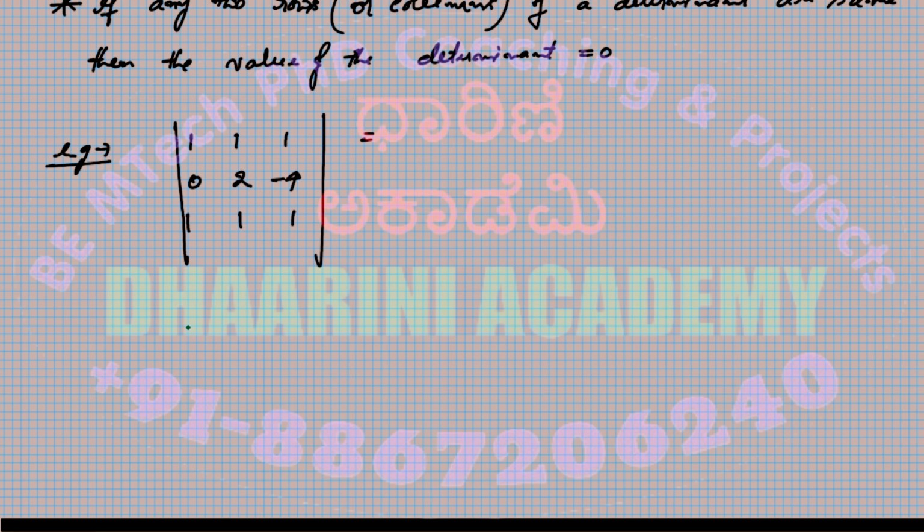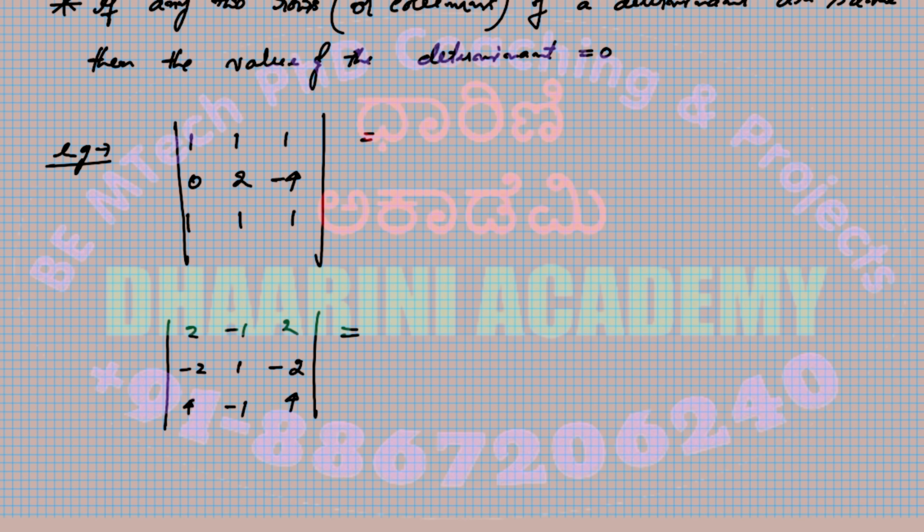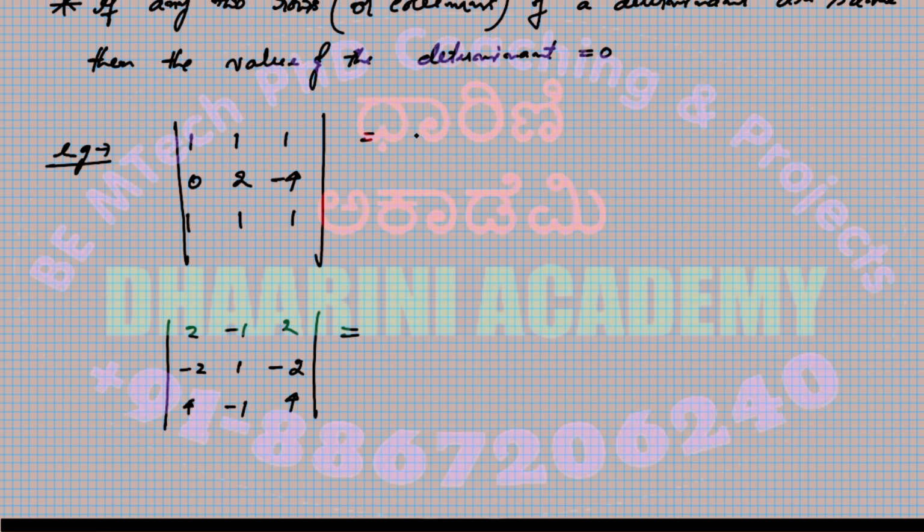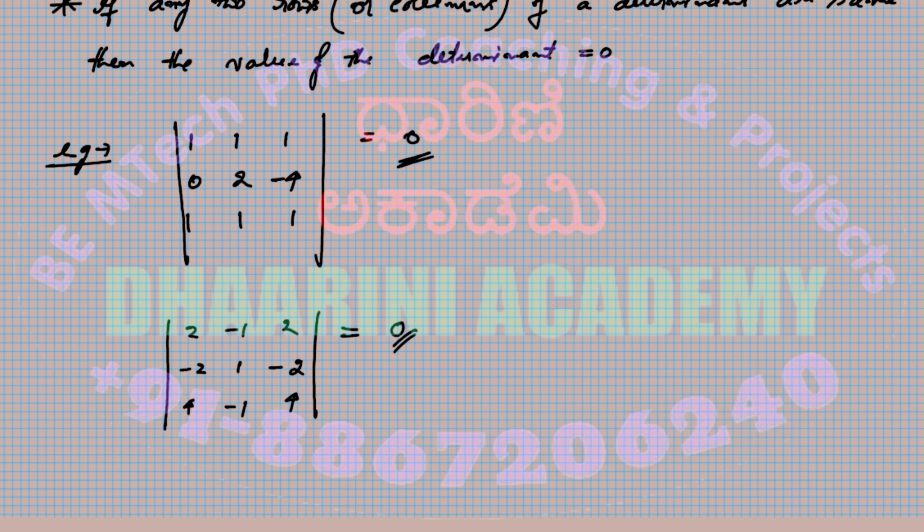And then I want to check the one with two columns being same. Say 2, minus 2, 4; minus 1, 1, minus 1; 2, minus 2, 4. So both the determinants' value becomes equal to 0.